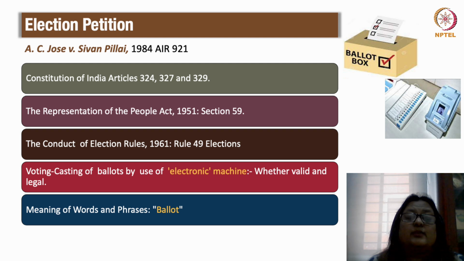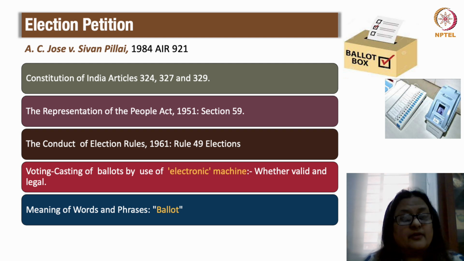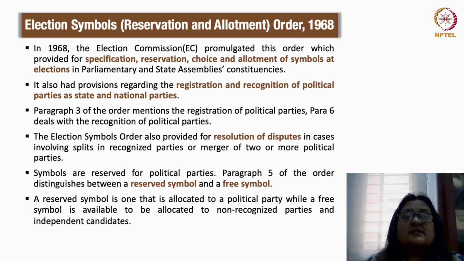It also read with the Representation of People's Act of 1951, Section 59, the Conduct of Election Rules 1961, and interpreting all these legislations, the Supreme Court held that ballot also means the electronic machines, not just the paper ballot, and therefore from this case onwards the EVMs have been legalized by the Supreme Court in this case.